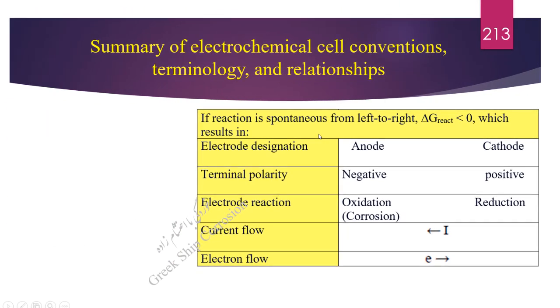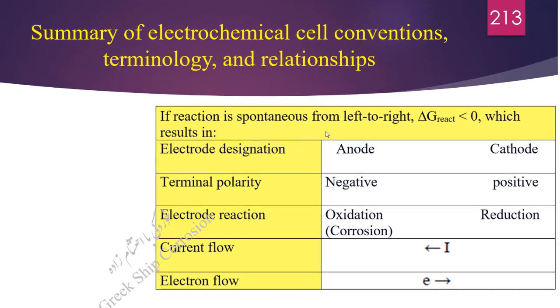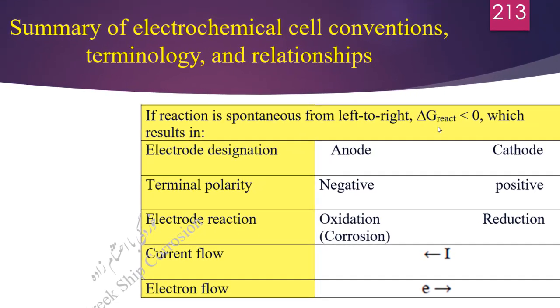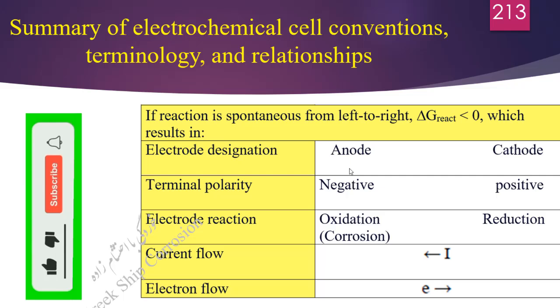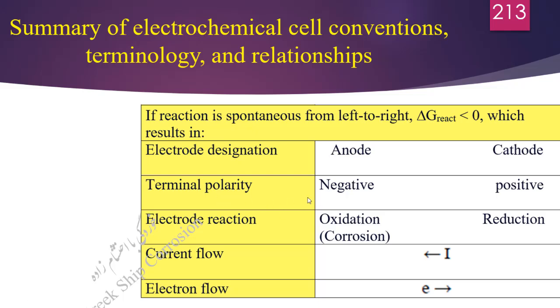If the reaction is spontaneous from left to right, the Gibbs free energy change of the reaction is less than 0, which results in electrode designation anode and cathode. Anode is LHE, cathode is RHE. Terminal polarity: anode is negative, cathode is positive.